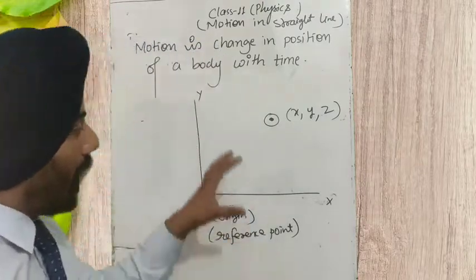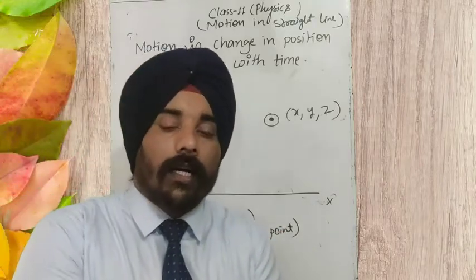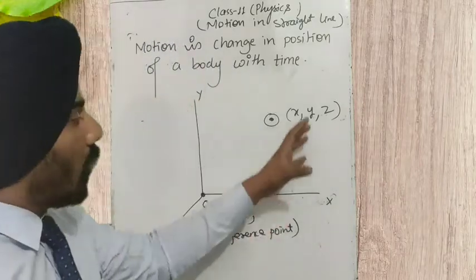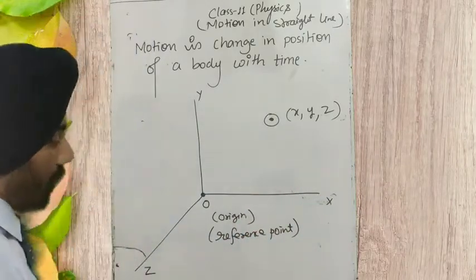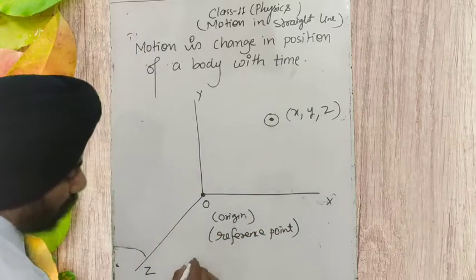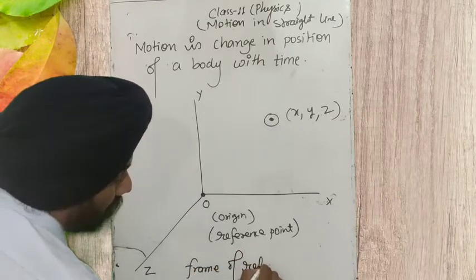Okay, if we place this coordinate system along with a clock, then this coordinate system and clock together we call as frame of reference. Okay, so how to define the frame of reference?